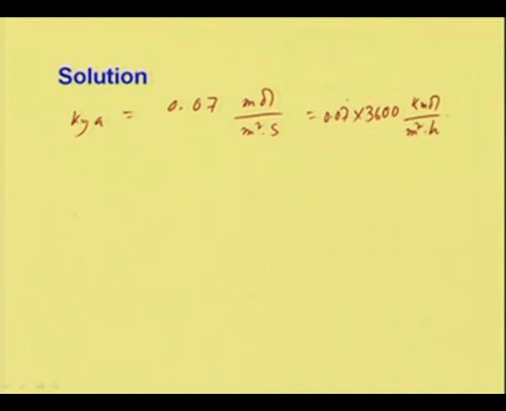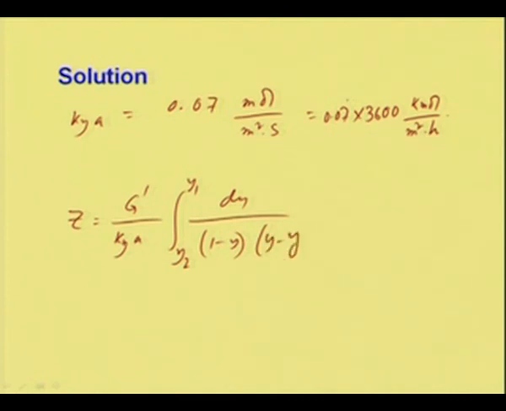Now, Z is equal to G dash by kya into the integral y2 to y1 of dy by (1 minus y)(y minus yI).